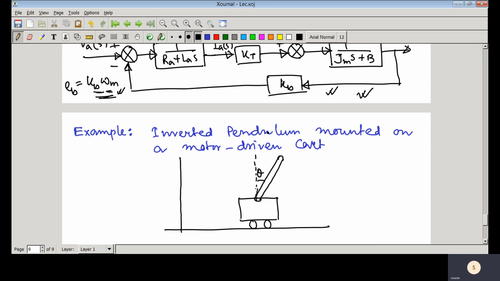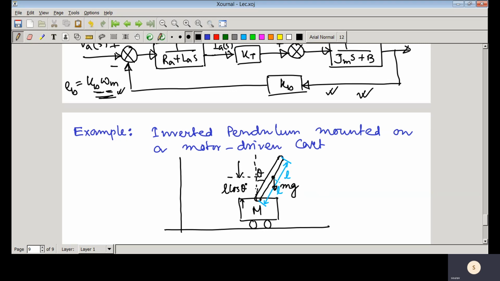The total length is 2L, so this part is L and this part is L. Suppose the mass of the cart is capital M, and this is the center of gravity. The mass of the rod is m, so one force acts here, that is mg, and this length would be L cos theta.